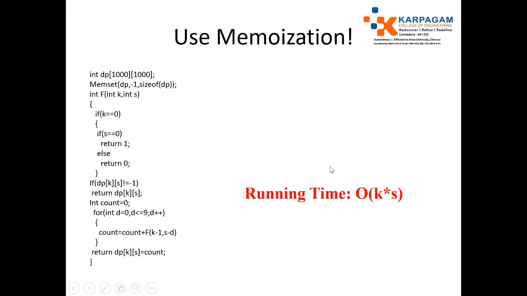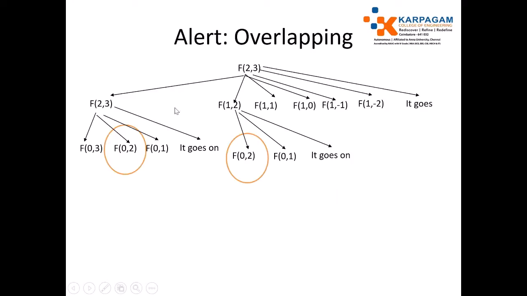In dynamic programming, we are just recording the values. For example, at the initial pass we already calculated f of 0 comma 2. If you store this data in an array variable, there is no need to calculate f of 0 comma 2 again. That is the power of dynamic programming.